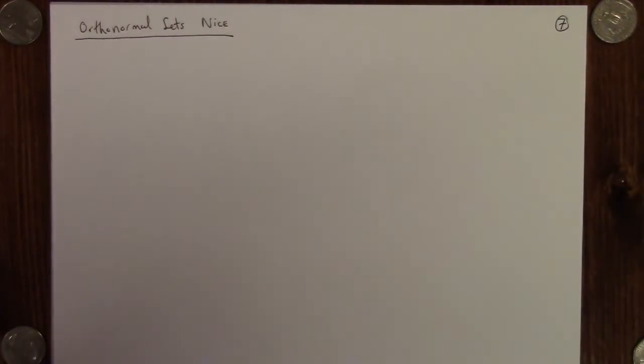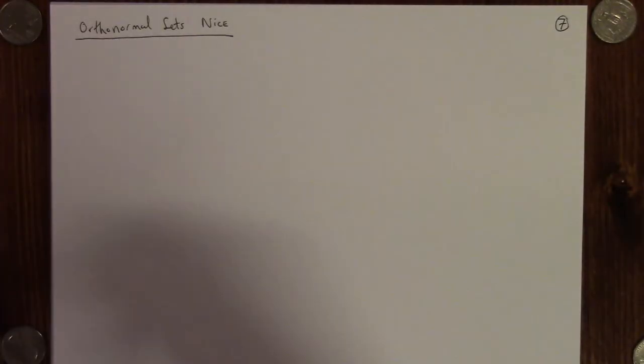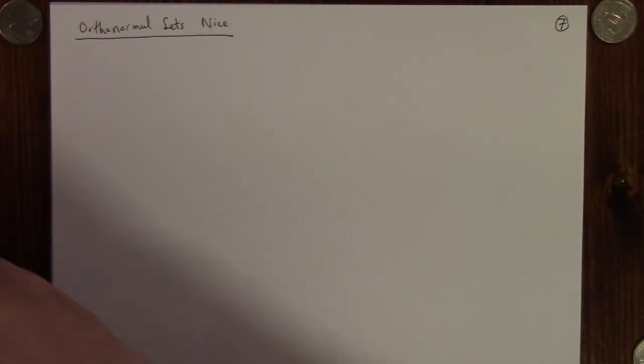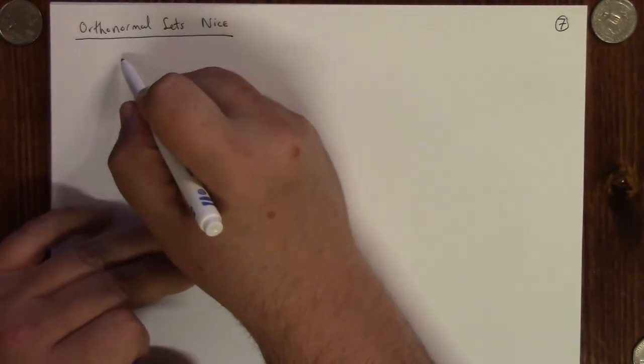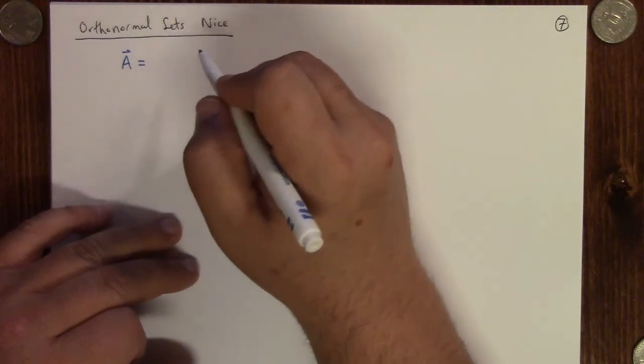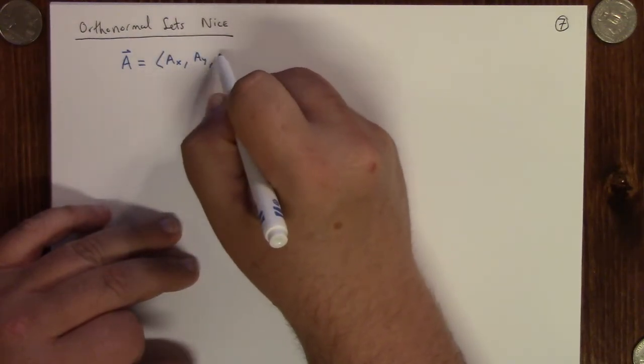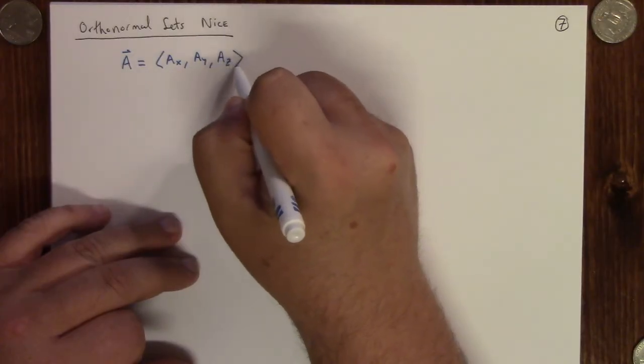All right, so orthonormal sets are nice. Let me show you what I mean. If I have a vector, so suppose we have A equal to (AX, AY, AZ), right?